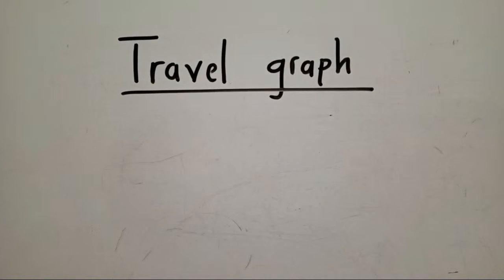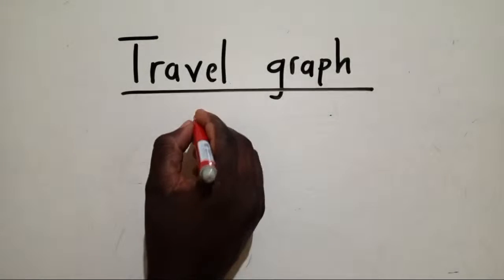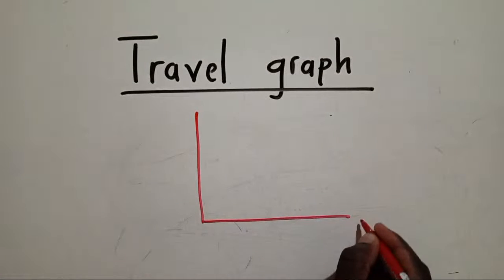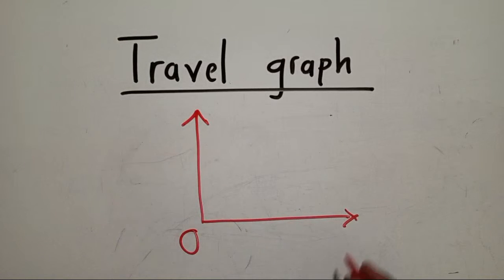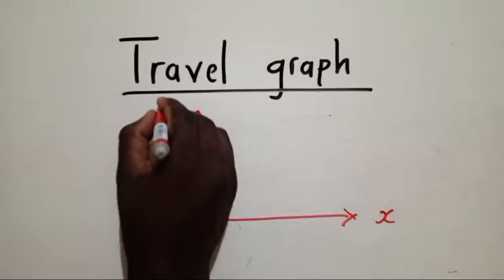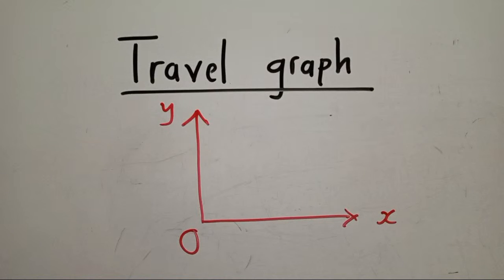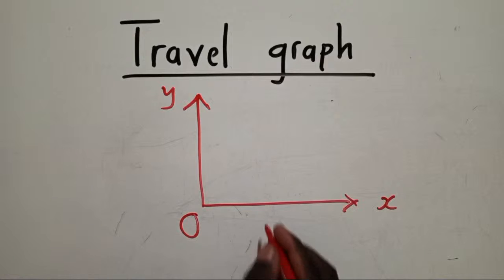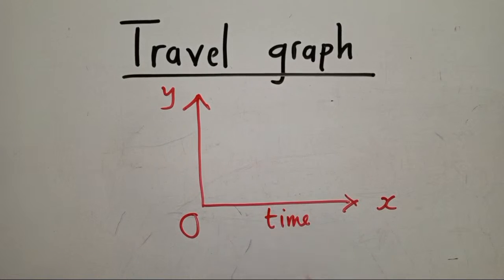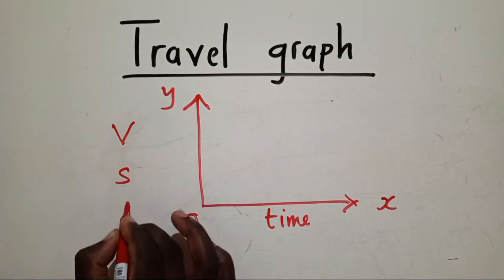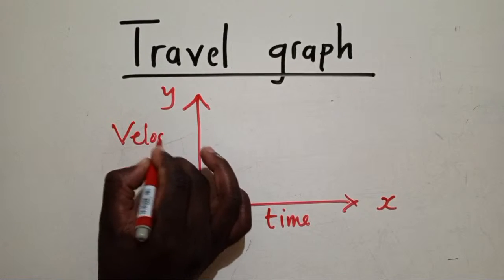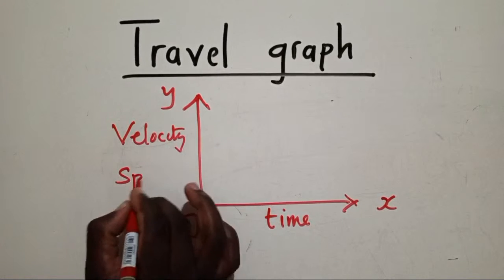So when you've got this, look at this nicely. When dealing with the Cartesian plane, we know that this is the x-axis and this is the y-axis. For this topic to be specific, the x-axis represents time, while the y-axis represents either velocity or speed.